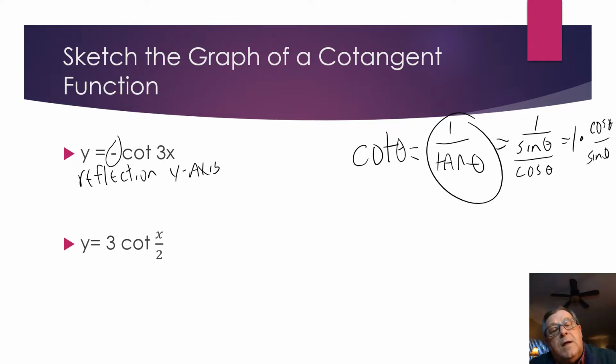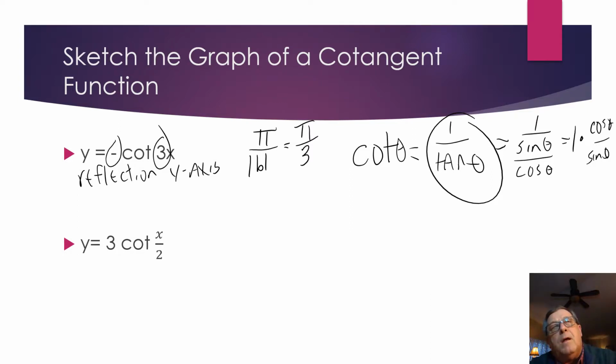And then we've got the cotangent of 3x. So that's b. That's going to affect my period, and it's also going to affect my asymptotes. Now, my period for our tangent and cotangent functions is determined by pi over the absolute value of b. In this case that's pi over 3, because the absolute value of positive 3 is in fact 3. So my period is pi over 3. Then I'm going to have asymptotes less than half of that and more than half of that.